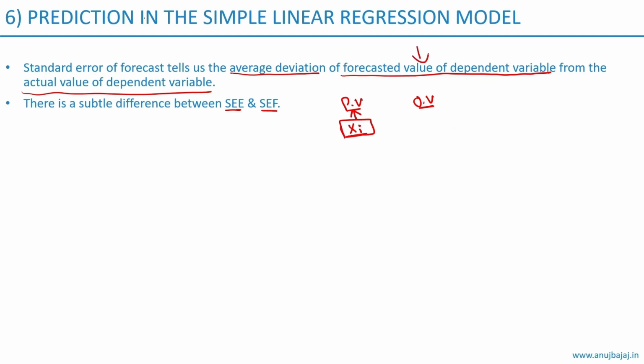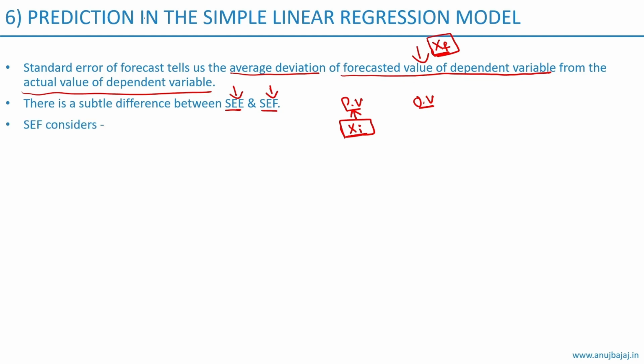But here the predicted value or the forecasted value of the dependent variable is calculated using the forecasted value of the independent variable. So generally speaking, the standard error of forecast will be higher than the standard error of estimate, because the standard error of forecast also considers the uncertainty around the forecasted value of the independent variable.